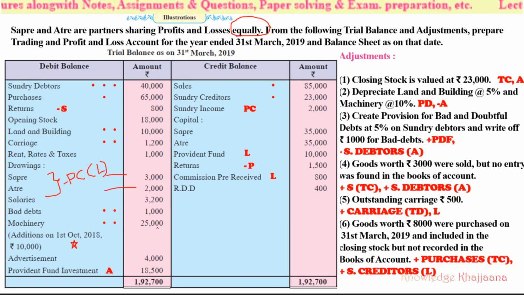Machinery, asset. See, the important hidden adjustment is here, in machinery. And what is given in the bracket? Additions on 1st October 2018, rupees 10,000, and some value is given in the debit side. What does this mean?